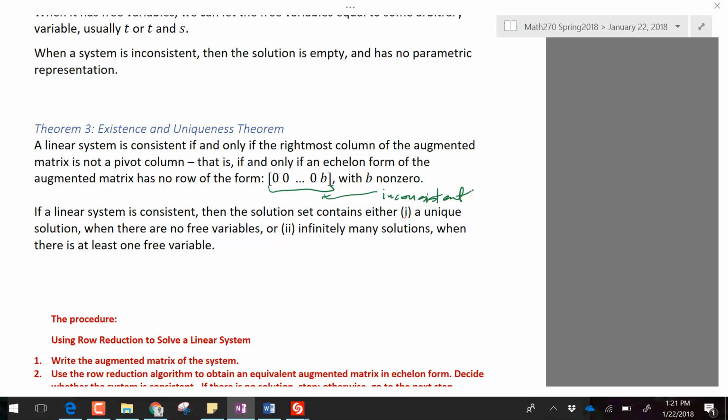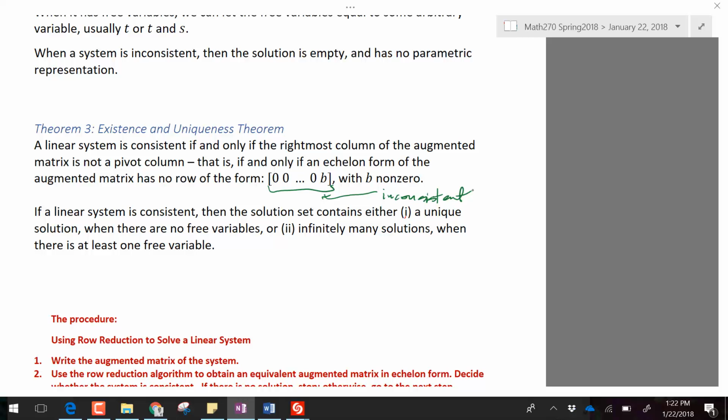If a system is consistent, then the solution either has exactly one solution, or it has an infinite number of solutions. So these 3 scenarios are similar to what we've learned back in algebra, when we had 2 equations and 2 unknowns. 2 equations and 2 unknowns represents 2 lines, and either the lines intersect exactly at one point, right? Consistent, exactly one solution.